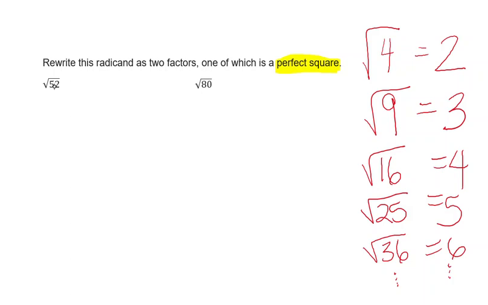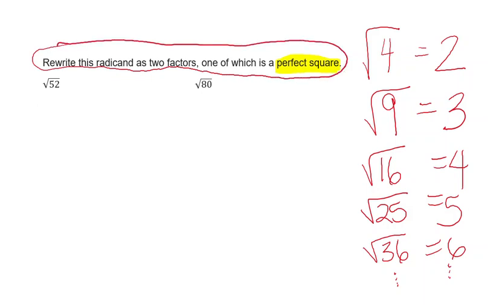So the first step to simplifying is rewriting the radicand as 2 factors, and one of the factors is a perfect square. Oftentimes you can use the square root of 4, the square root of 9, the square root of 25 as your perfect squares. So you just want to say, is 52 divisible by 4?